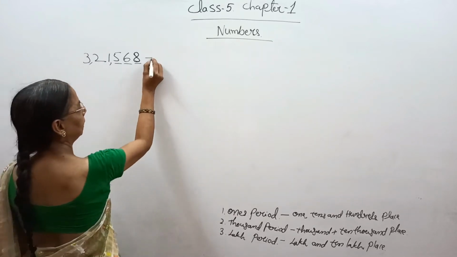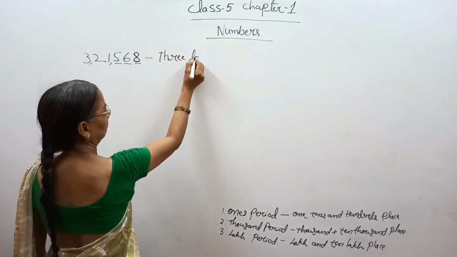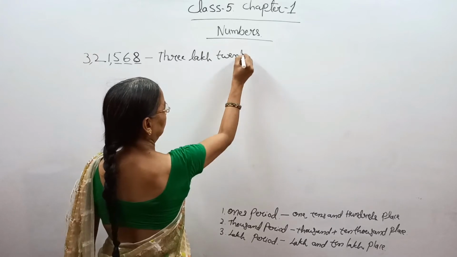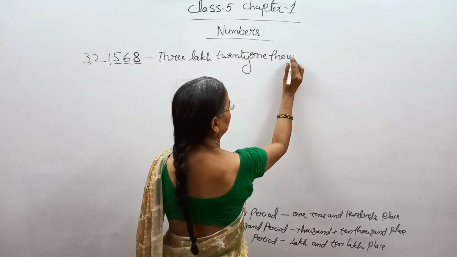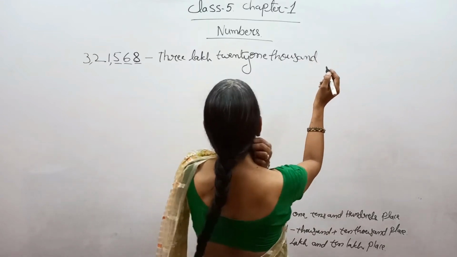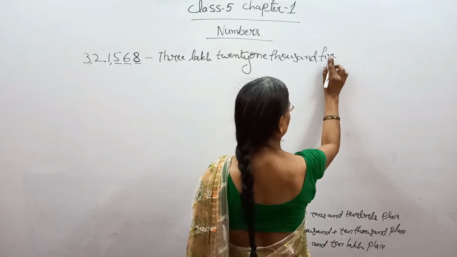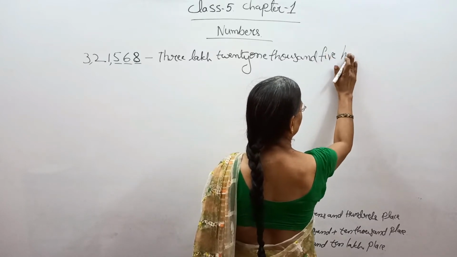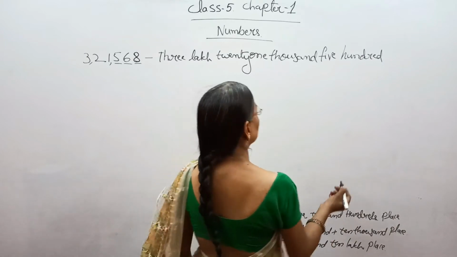In this way, we also write it in words, that is 3 lakh 21 thousand 5 hundred 68.